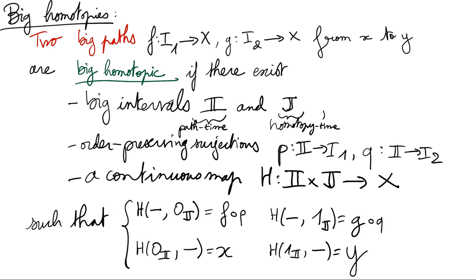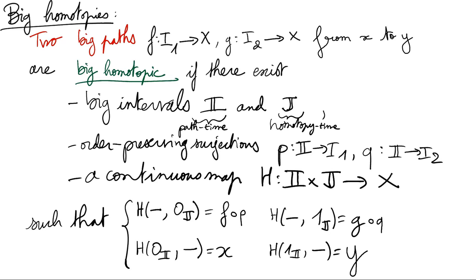At the beginning of the big homotopy, when the second argument equals the minimum of J double bar, we must recover the path f, or more precisely, f composed with the order preserving surjection p from I double bar to I1. Similarly, at the end of the big homotopy, we must recover the path g, composed with the order preserving surjection q from I double bar to I2.